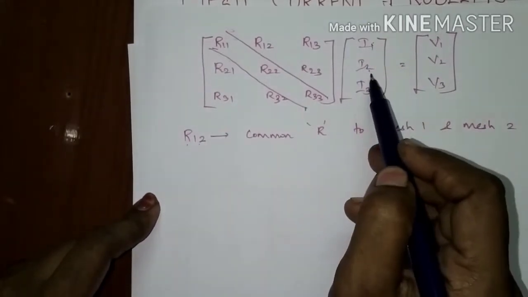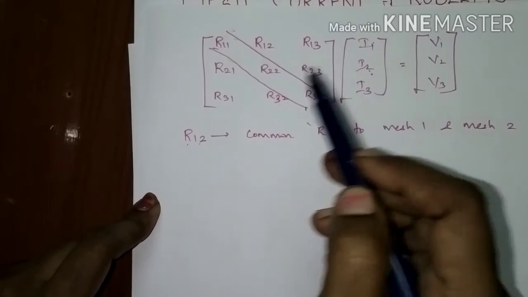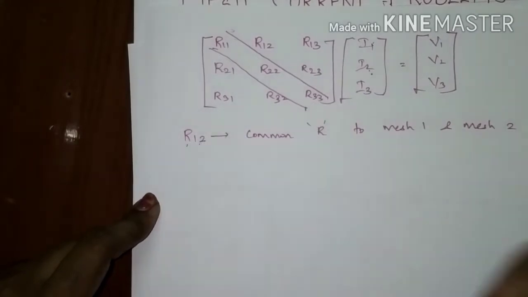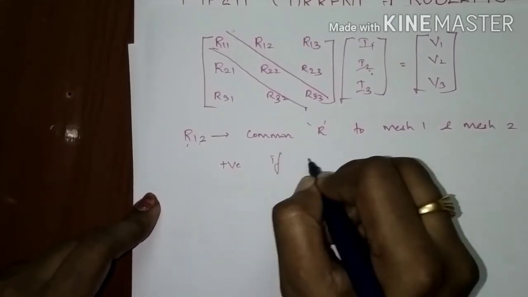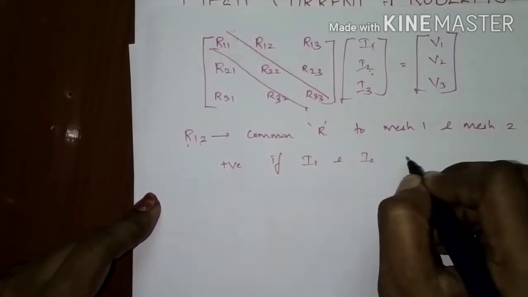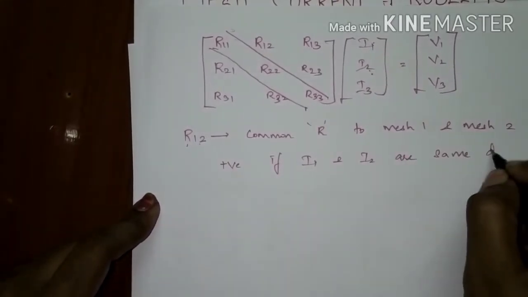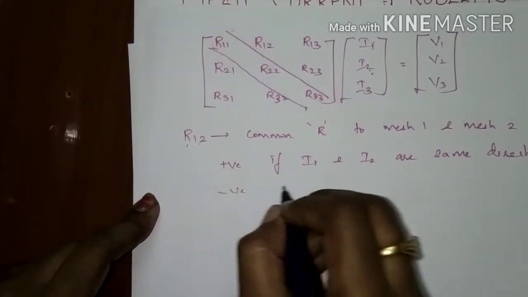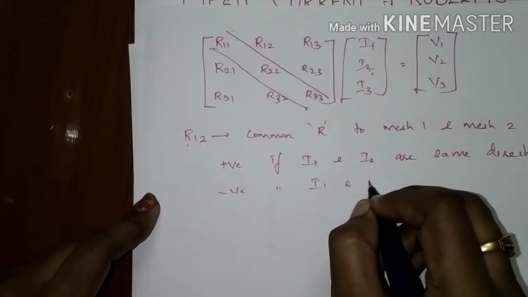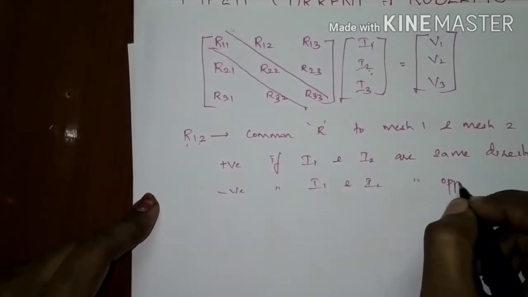If I1 and I2 are in opposite directions, then R12 is negative.